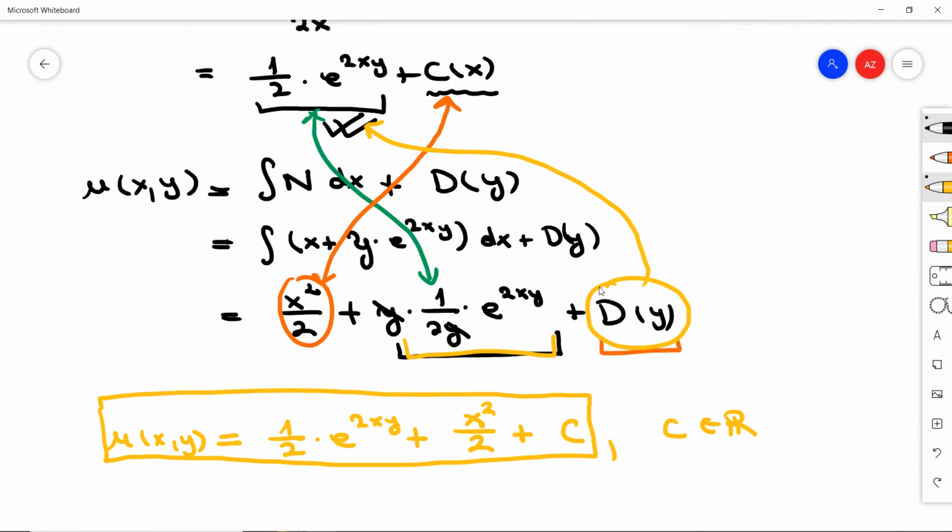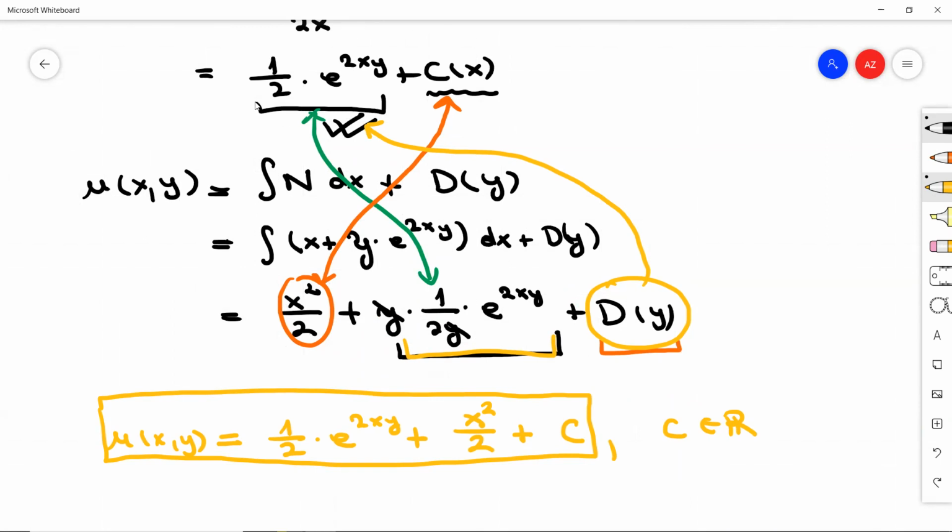There indeed cannot occur any other term in x or y, because if there was another term in x, it should appear in this line.